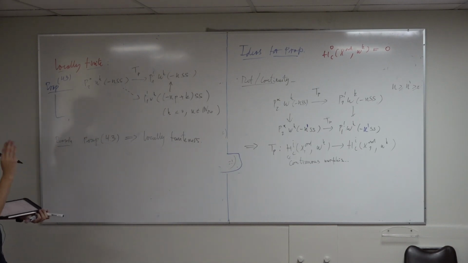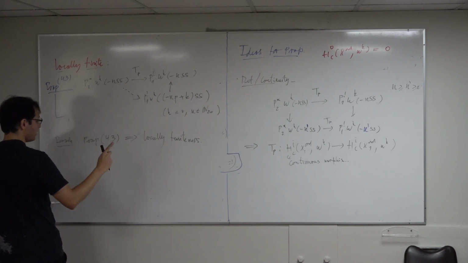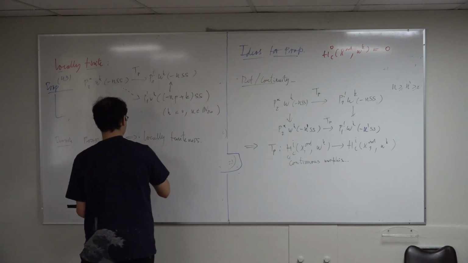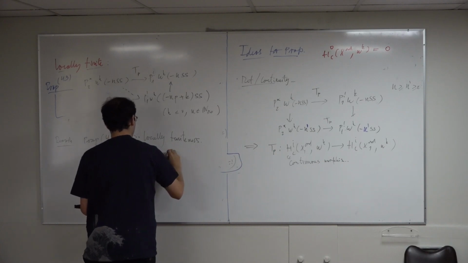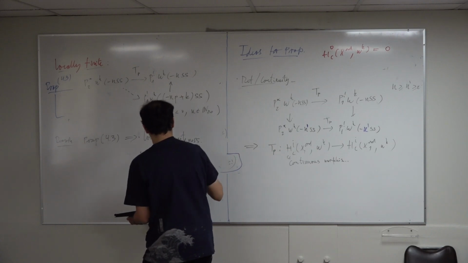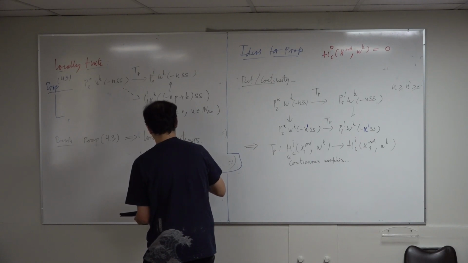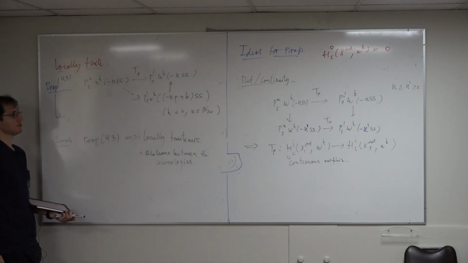So this is the key property in some sense. With this, it not only implies properly local finiteness, it also implies relations between the vector spaces, the cohomologies. So this is really the key proposition.